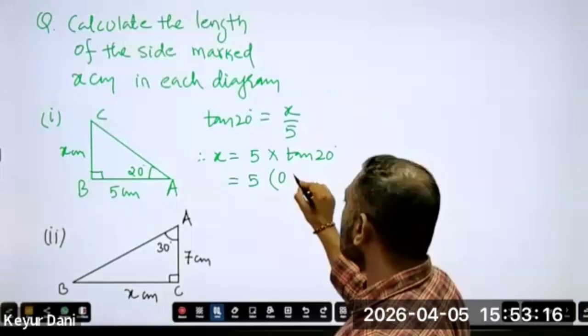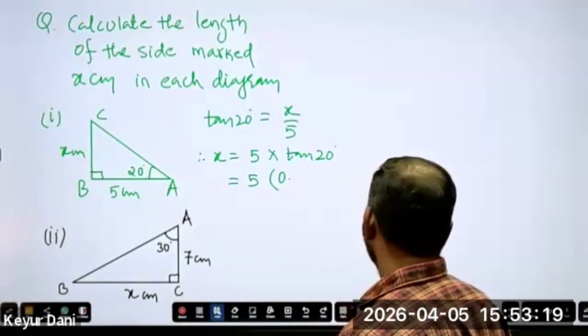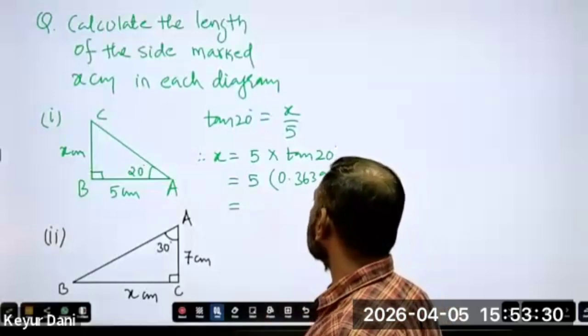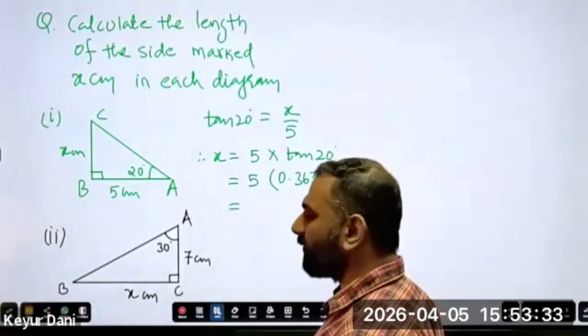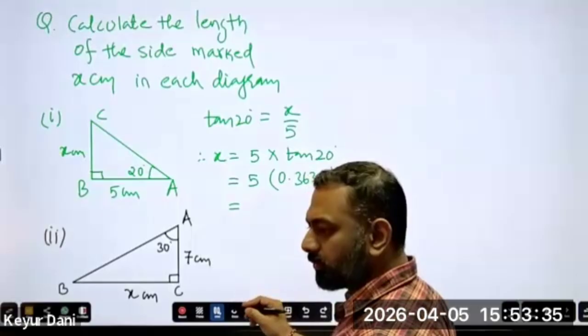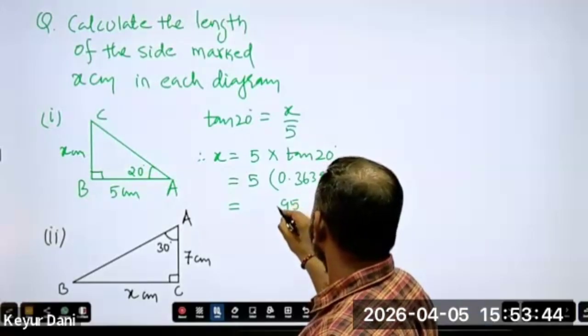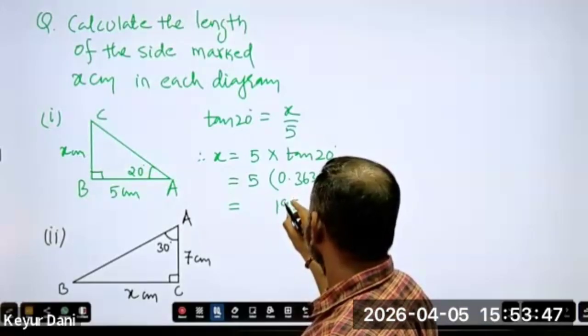0.36. 0.3639. Is this correct? Yeah, 3639. We need only 4 digits. So the answer will be 7278. Just a minute. 9 5s are 45. Shouldn't it be 1.81?